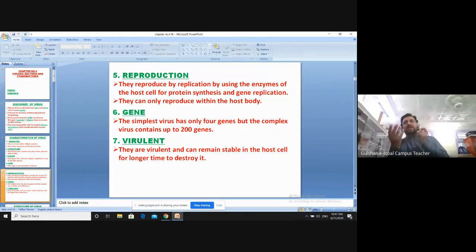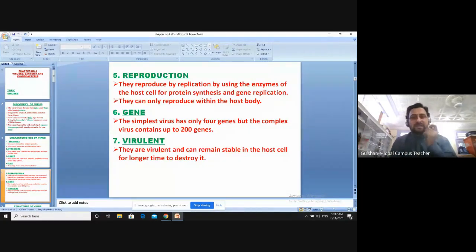So protein is synthesized inside the host body and gene is replicated, DNA or RNA is replicated, and after that the body of the virus is made. So they can only produce within the host body. Okay, outside the host body they are completely inactive. They cannot do anything when they are outside the host body, but as it enters the host body, it is going to produce, and after that it is going to harm the host.